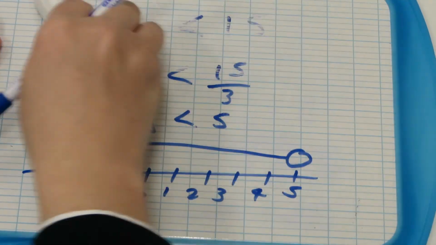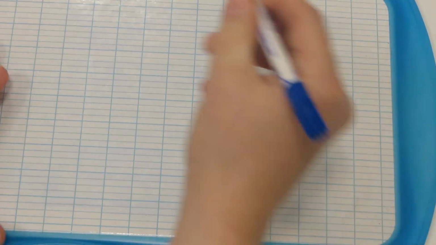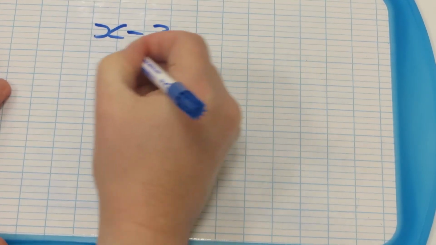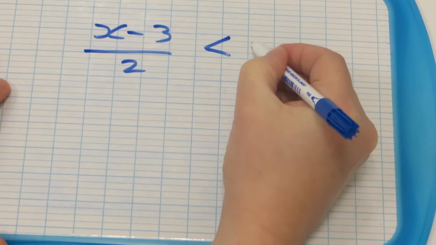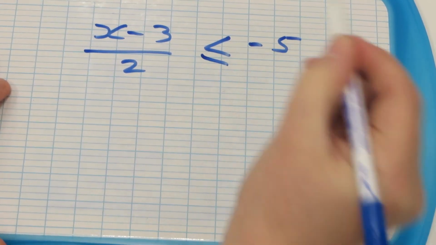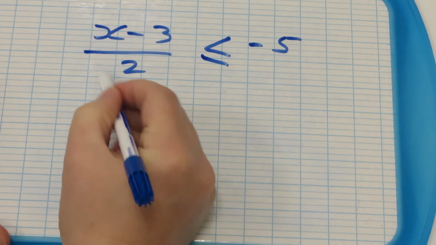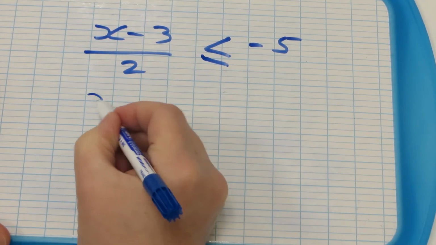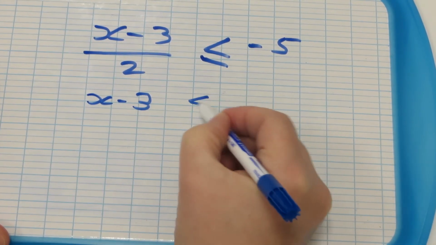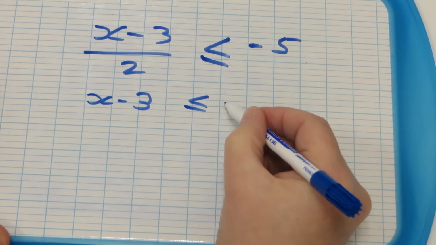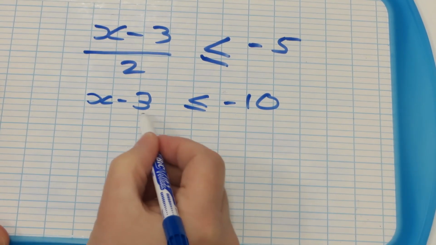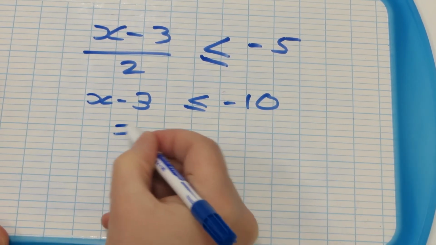If we have a look then at a slightly more complex question, so let's have a look at x minus 3 over 2 is less than or equal to minus 5. So the first thing we want to do is multiply by 2. That will leave us with x minus 3. Minus 5 times 2 is minus 10. Eliminate the minus 3 by adding 3 to both sides.